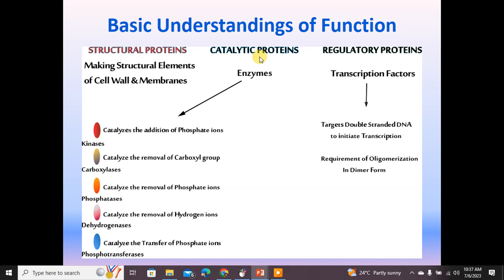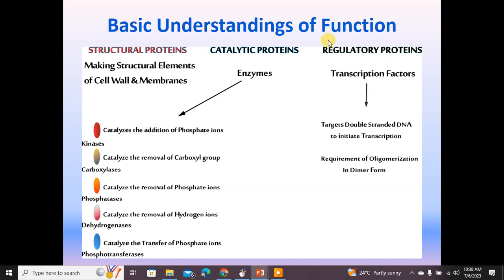But there are catalytic proteins also, and they perform as enzymes. They catalyze certain reactions, speed up certain reactions, slow down or inhibit certain reactions without changing themselves, and we call such activity enzymes.